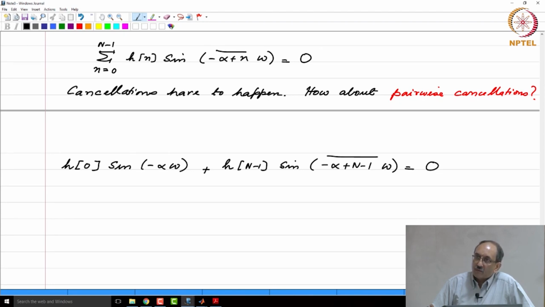You know that sine of minus theta is minus sine theta. Therefore, suppose N minus 1 minus alpha, which is this term, if this were equal to alpha, suppose if this were the case, immediately this would imply that alpha equal to N minus 1 by 2.